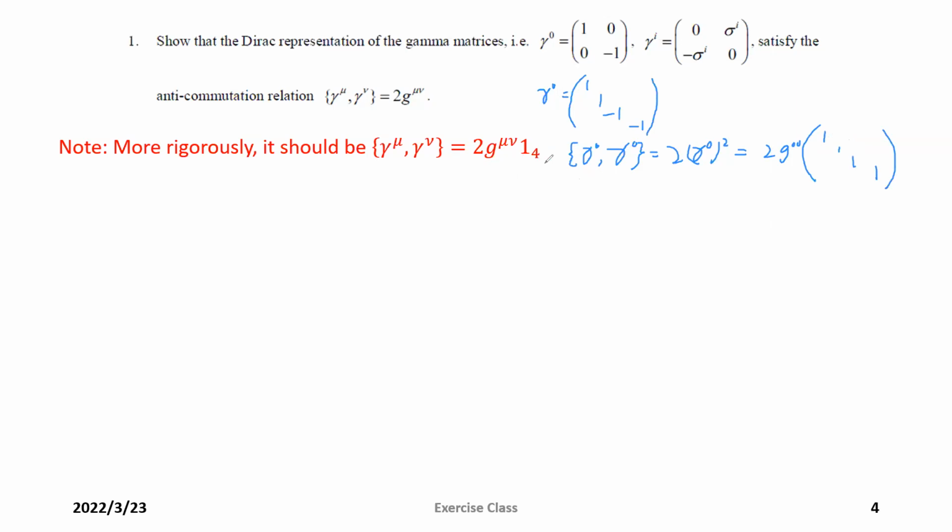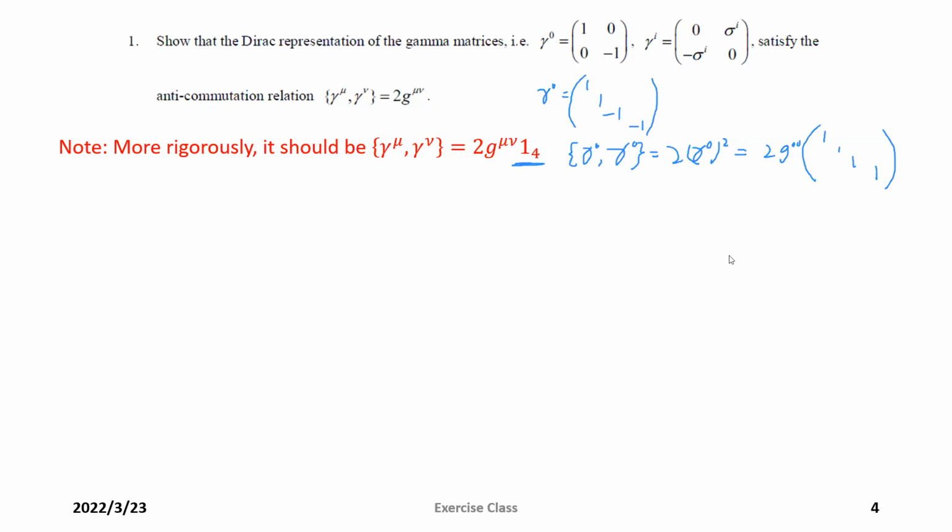So there's a hidden identity matrix here, but for shorthand notation, we just omit it. In principle, you can expand all these matrices into 4 times 4 matrices, substitute into this relation and prove that they are equal.